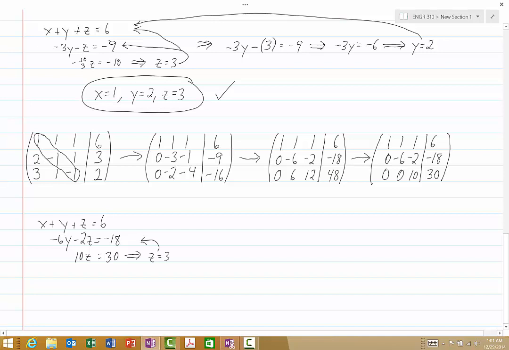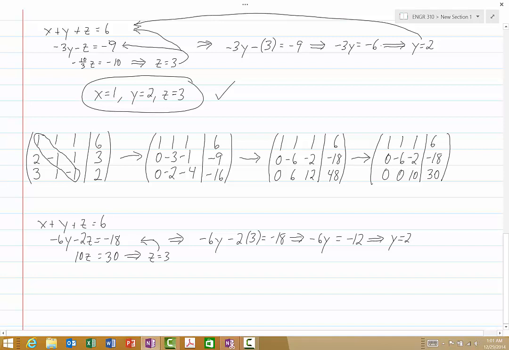We plug that into the second equation, and when we do, we're left with negative 6y minus 2 times 3 is equal to negative 18, and that implies that negative 6y is equal to negative 12, which implies that y is equal to 2.